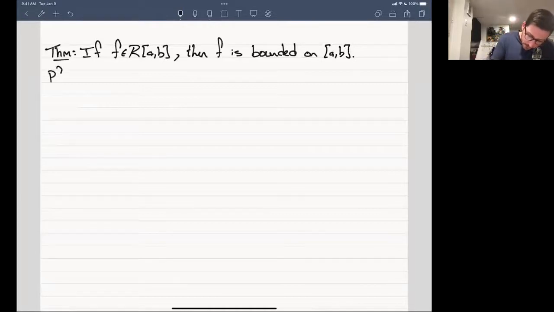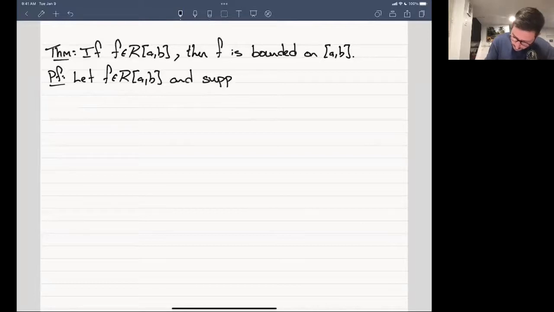So let's take a look at the proof of this thing. So let's suppose the theorem is false. So let f be a Riemann integrable function, and suppose for contradiction that f is not bounded.